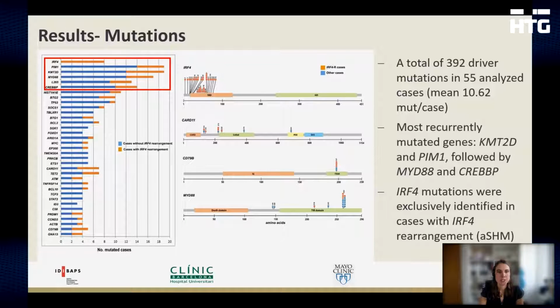IRF4 mutations were exclusively identified in cases with an IRF4 rearrangement, and these mutations can be observed in the N-terminal region of the gene, which is most probably the pattern of an aberrant somatic hypermutation. In DLBCL without IRF4 translocations, IRF4 mutations can be observed, but rather in the C-terminal region.